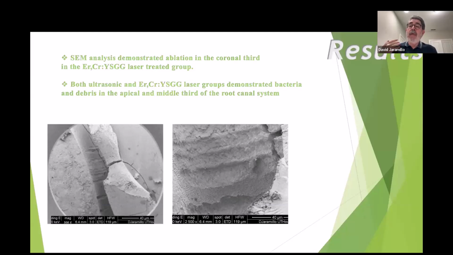So when we have an excessive thermal event, we are going to produce more evaporation of the solution inside the root canal, and by that, we are going to create ablation. So in these pictures, what I'm trying to show you with these SEM images is the ablation created by the erbium chromium YSGG laser in the root canal wall.